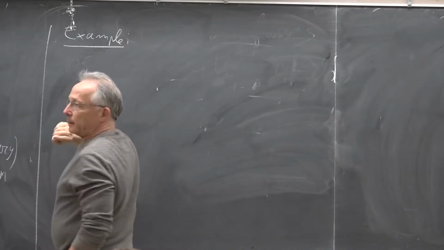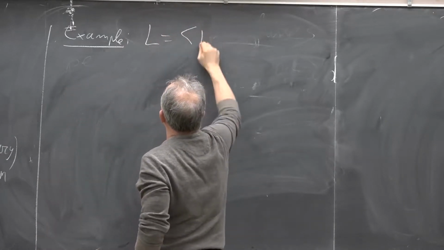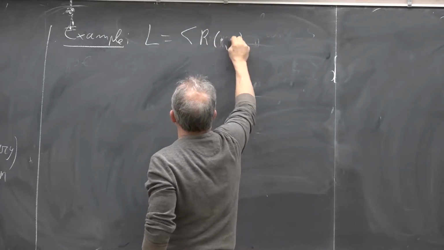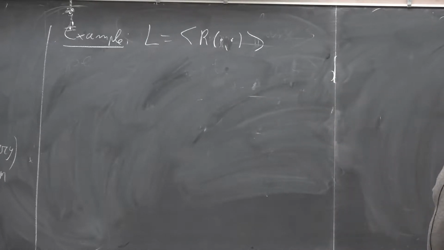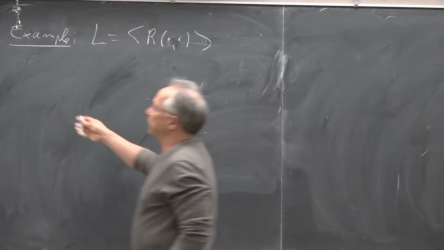Let's assume that my language has only one relation symbol, and this relation symbol is a two-place relation symbol. I can have different structures for it.